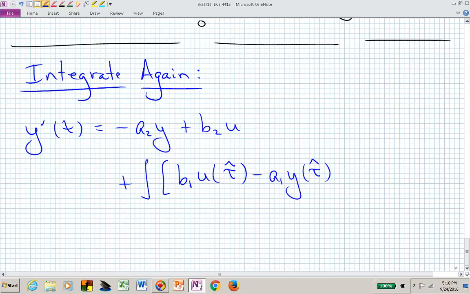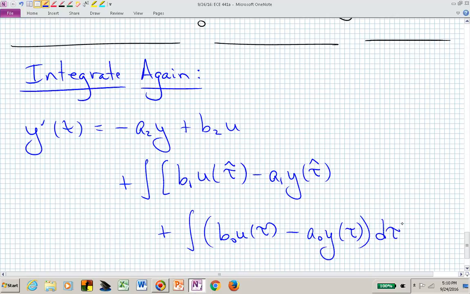Now I haven't closed that bracket, but I now need to incorporate, so this is still within the square bracket, and I now have the original, or the first integral, the integral from 0 to t again of b sub 0 u of tau minus a sub 0 y of tau.